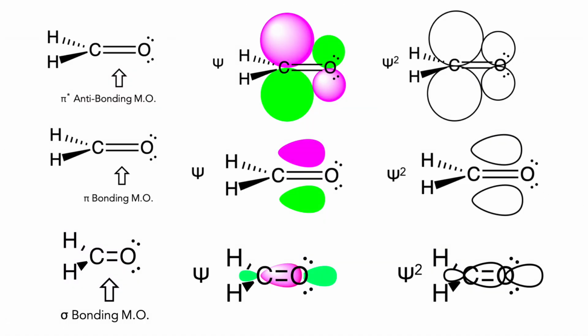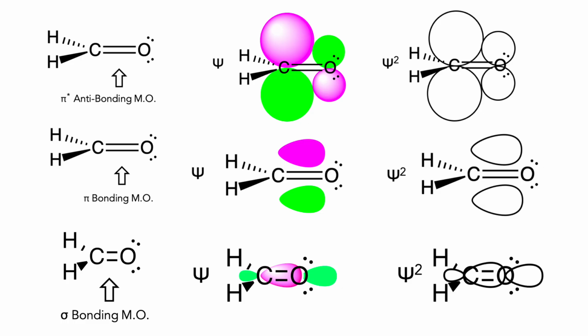So in conclusion to this video on making the transition from atomic orbitals to molecular orbitals, we consider the fact that in molecular orbitals, we have a combination of wave functions of the atomic orbitals coming together.